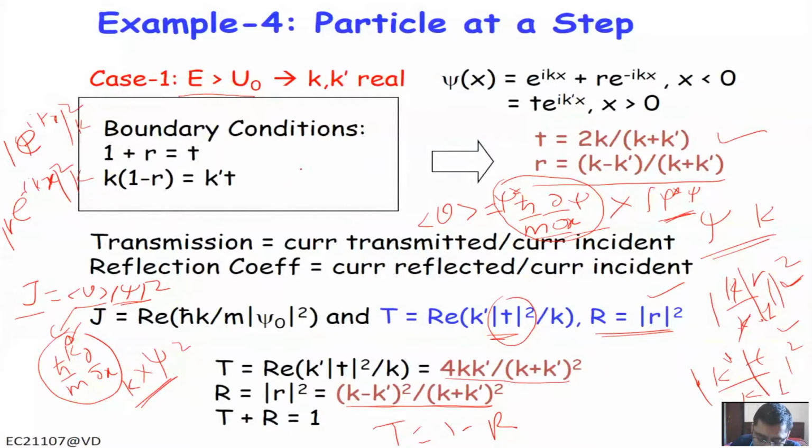And transmitted current is t e to the power iota k prime x, squared, times k prime. So these are the current densities, right? So reflection will be r square, and transmission will be, sorry, t square times k prime by k. Is that okay? So this reflection and transmission are in terms of current, and current is obtained by multiplying by k, because h bar k by m is the velocity.